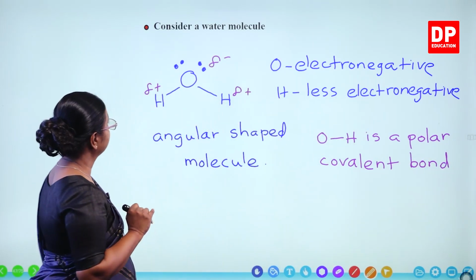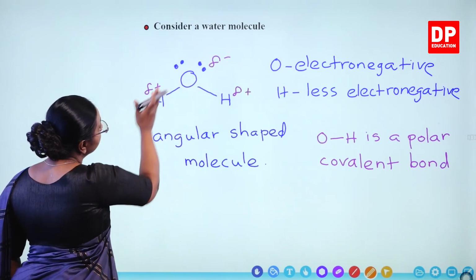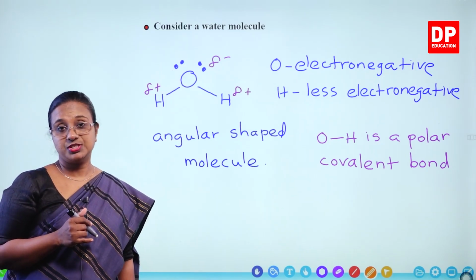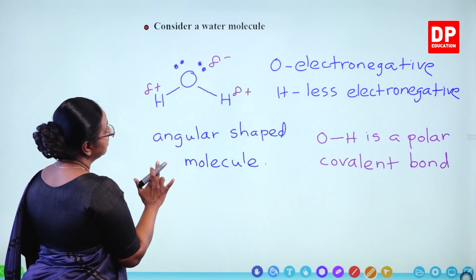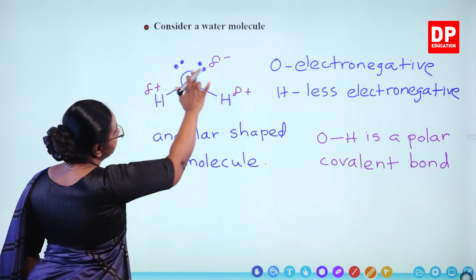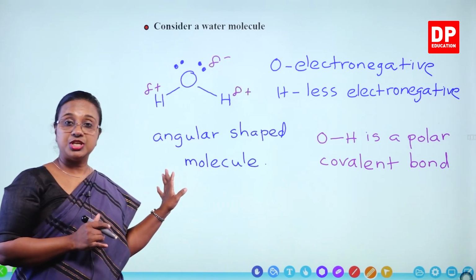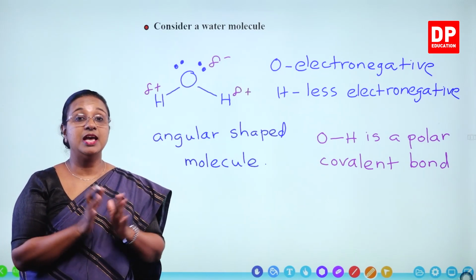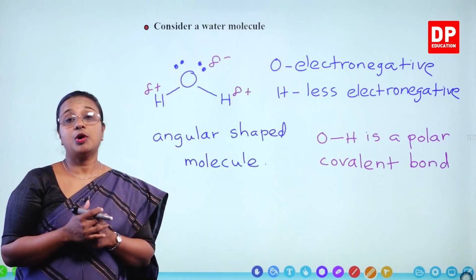Now, students, if you look at the molecule, in both the OH bonds the polarity is towards oxygen. This side is delta positive, this side is delta negative. This is delta positive, delta negative. So with the angular shape and the way the polarity is distributed, water becomes a polar molecule.